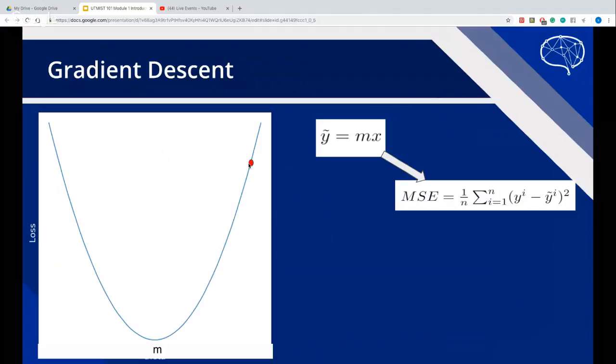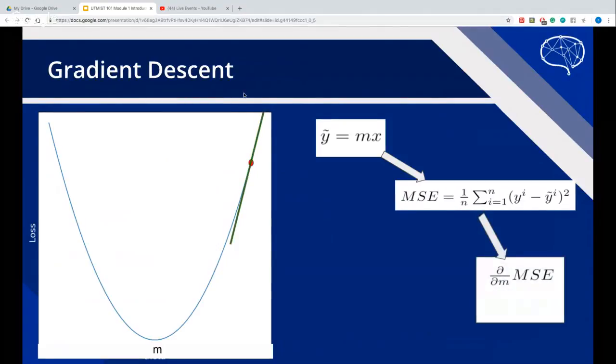Okay. And the next step is we calculate the derivative of MSE with respect to m. It's the green line there. The derivative means: by moving m a little bit, how much it affects the MSE. So we can update our m to minimize our loss function.